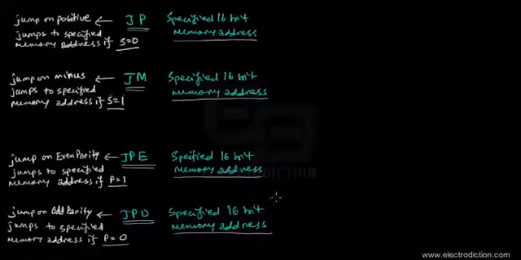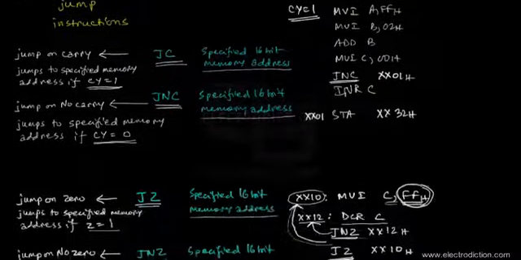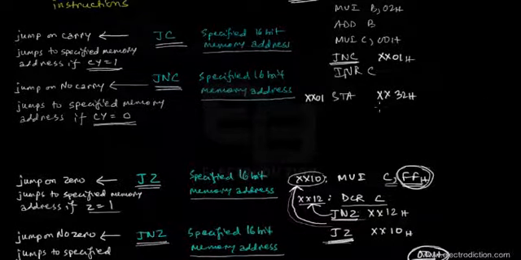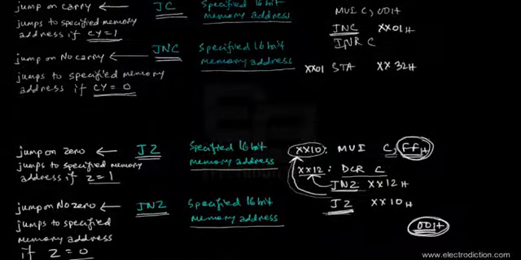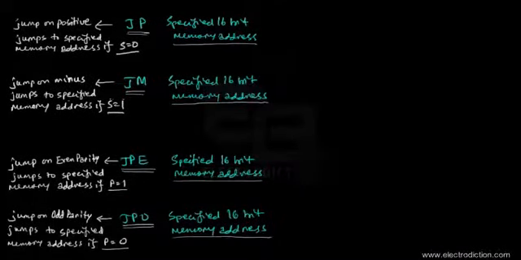So you can write any type of program that monitors some flag bits, for example the sign flag, the parity flag, or the zero and the carry flag. All these could be monitored using these conditional jump instructions, and that way you could write your programming code depending upon how you want your program to behave and which of the flag bits you're inspecting, and design the program as per your need.